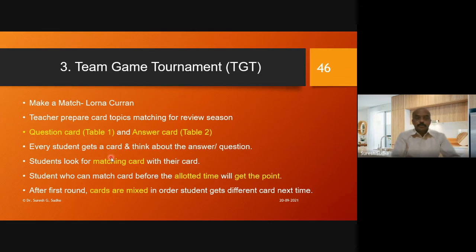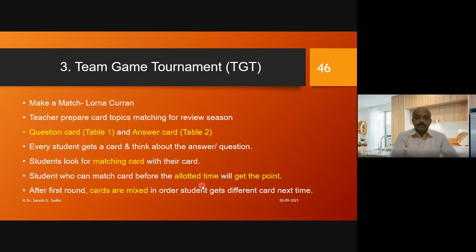Now the student looks for the matching card. If they have got the question card, they have to go to the second table and match with the answer card. So the time is provided to every student for matching the card.